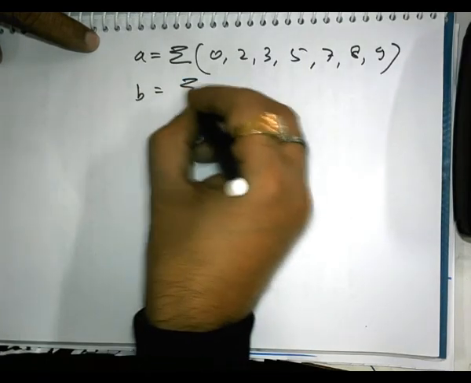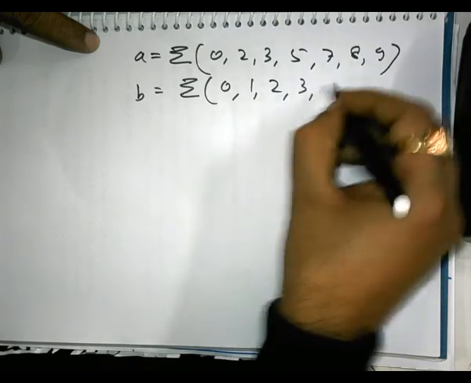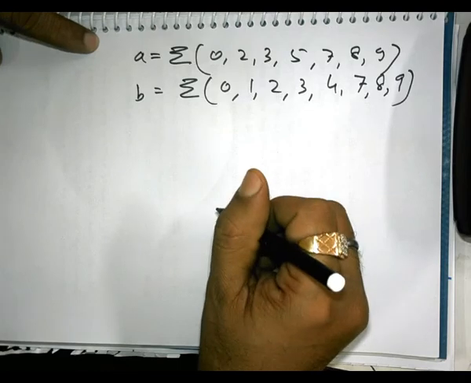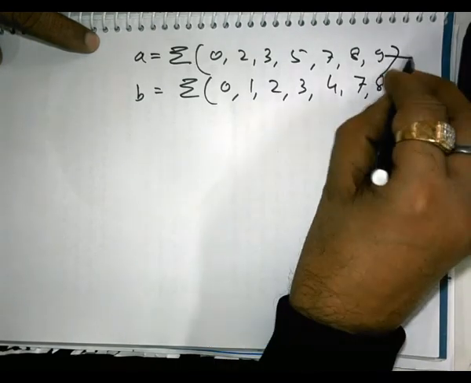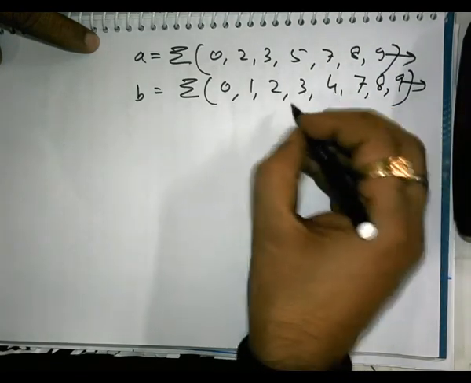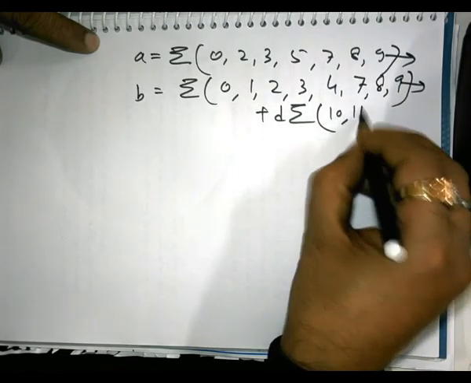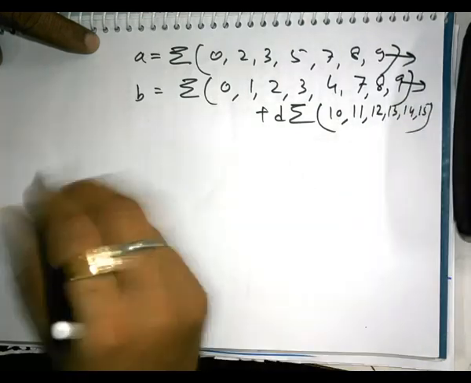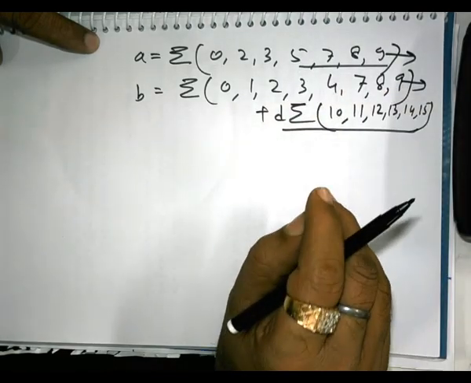Segment B is 0, 1, 2, 3, 4, 7, 8 and 9. And rest of the terms they are don't care. After 9 they are don't cares. So don't care terms are 10, 11, 12, 13, 14 and 15. And these don't care are incorporated in every segments.